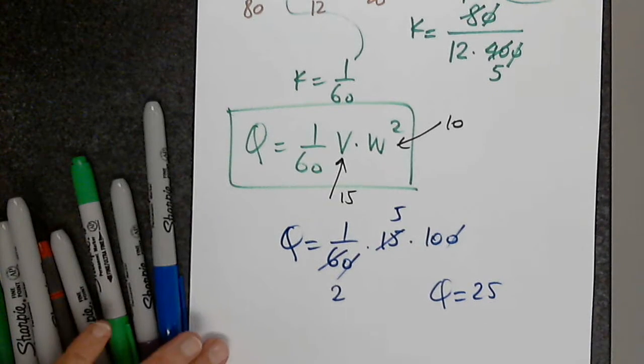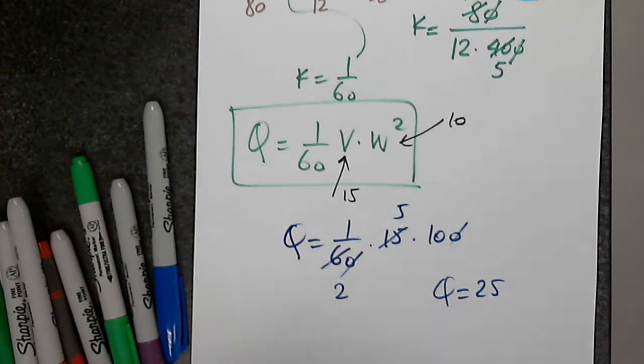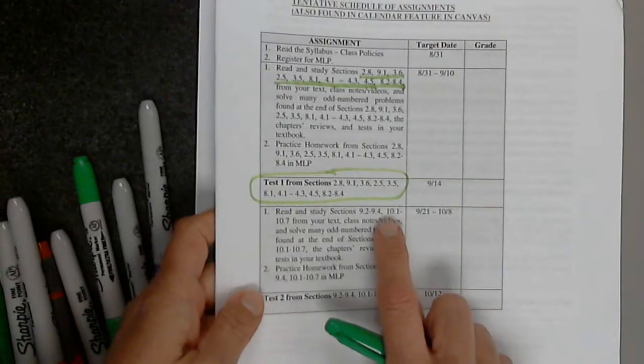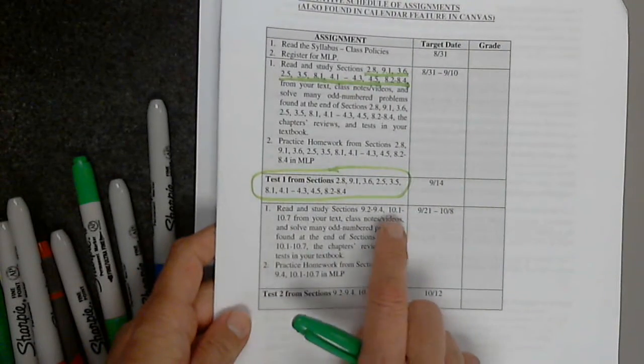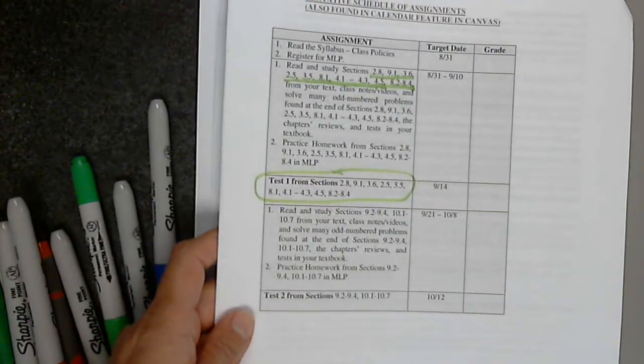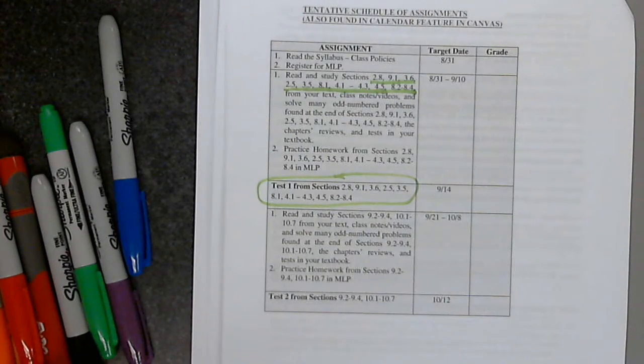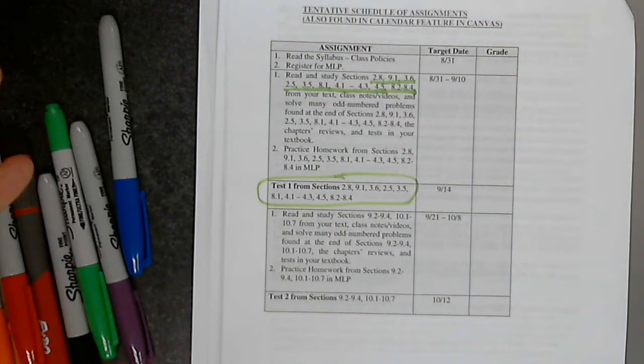Okay, anything else? The handout that I gave you today, I'm hoping we can start, but it doesn't necessarily mean that. This is chapter 10, a summary of the entire chapter. Chapter 10 is a very important chapter. It's not as interesting as I would like to present to you.